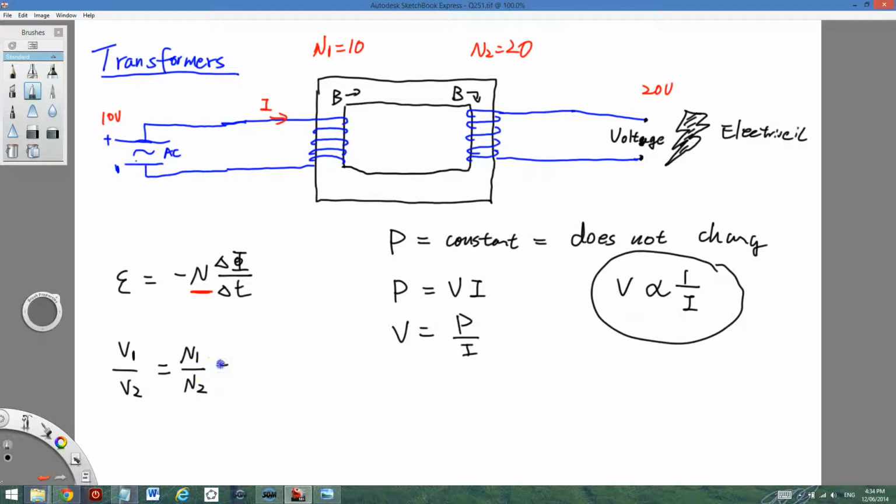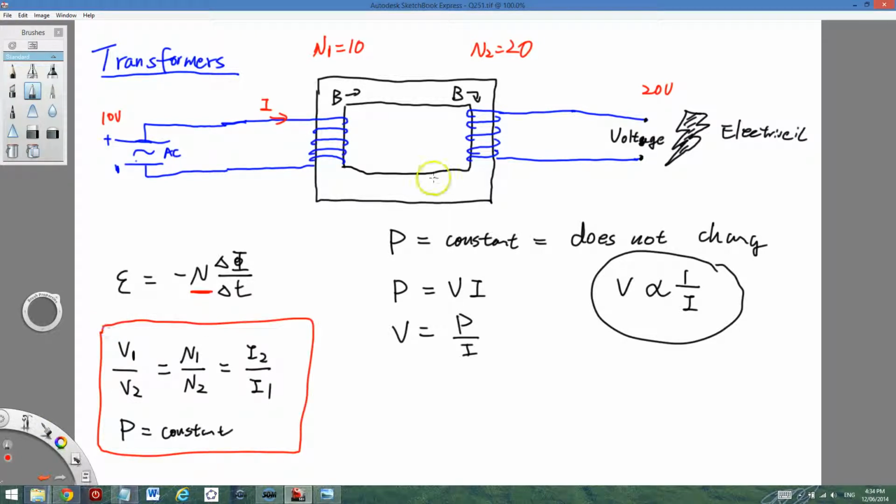So in our equation, the ratio of current swaps like this, and the power is constant. That's it. That's the basic equation of transformers.